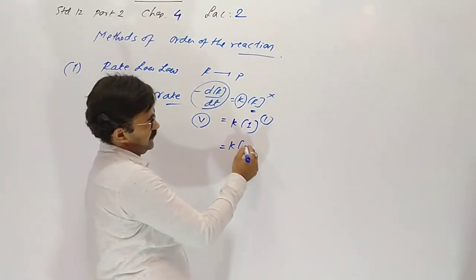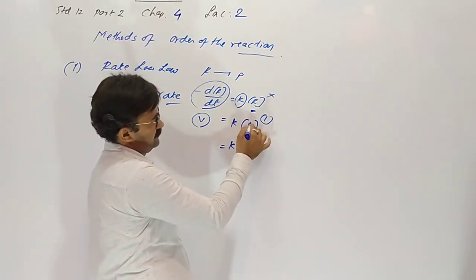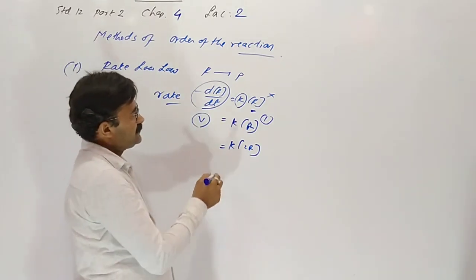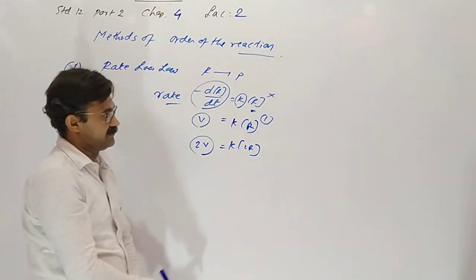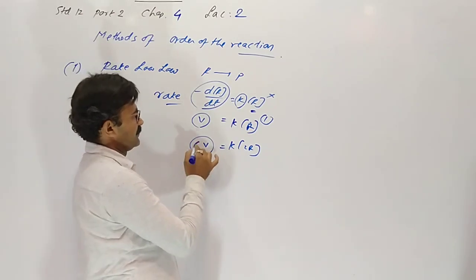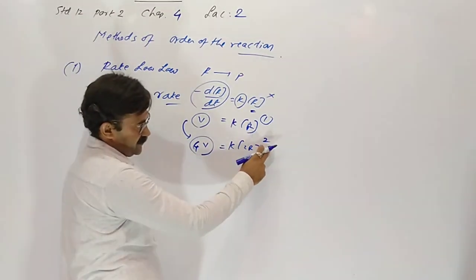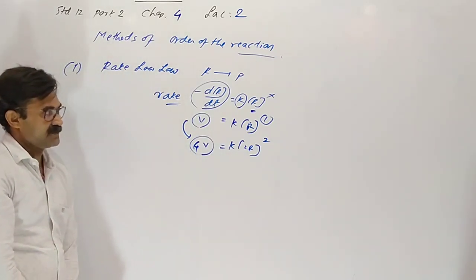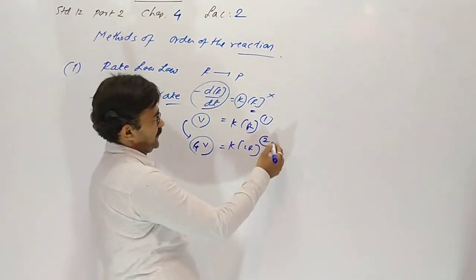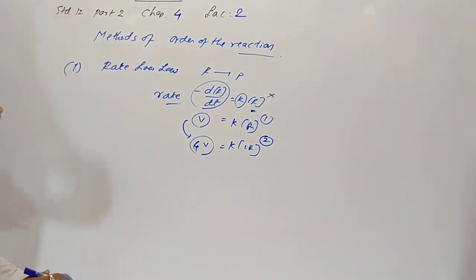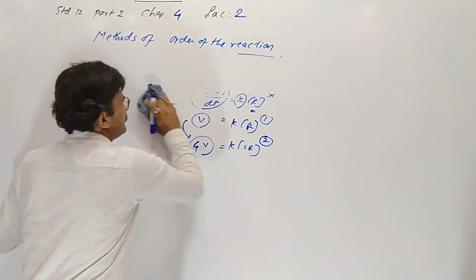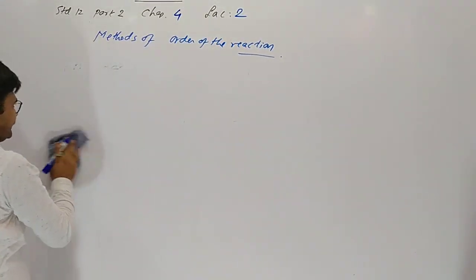If the concentration is doubled and the rate of reaction becomes 4 times the initial, then x should be 2, since the square of 2 gives 4 times. So on the basis of it we can derive the order of reaction. That is the first one. Now the second one, the integrated rate law.